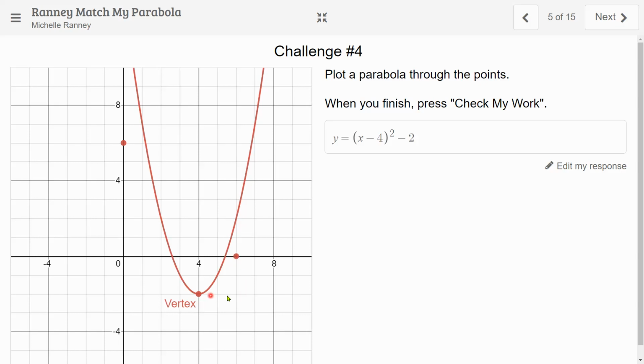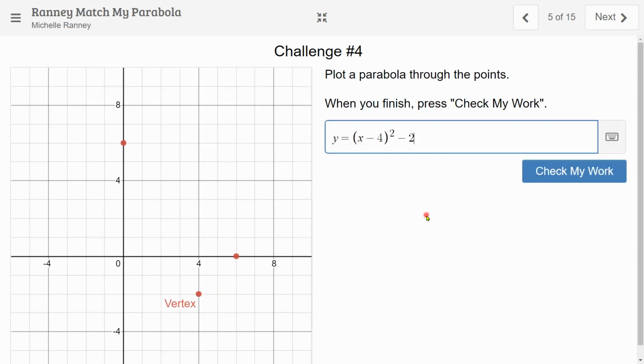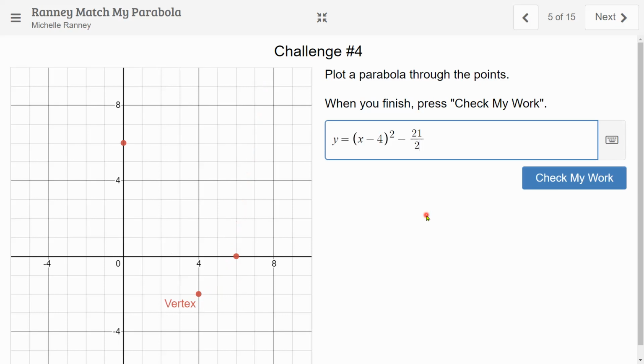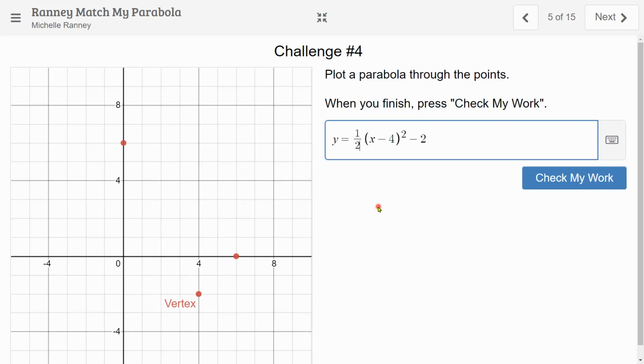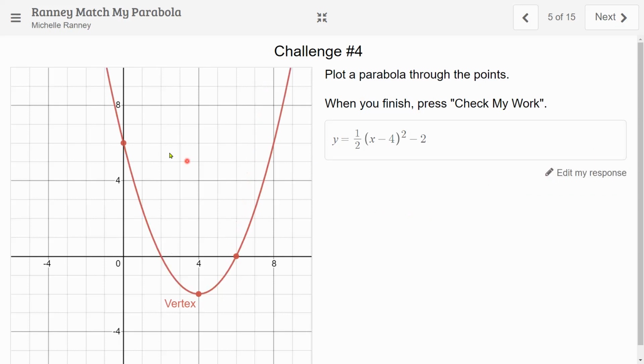So if I go out 1, 2, and 2 squared is 4, and I only went up 2, that's half as high. I went half of what I should have. So my stretch is going to be a 1/2. And when I check it, you see it goes through.